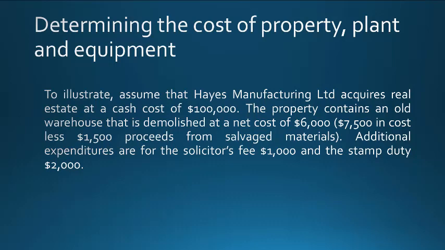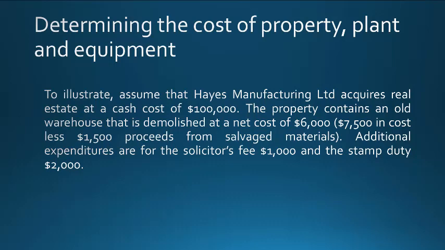Additional expenditures are for solicitor's fee and stamp duty worth $3,000. As you notice in this illustration, the initial cash cost for the asset is $100,000. But we need to incur certain expenses, especially the solicitor's fee and stamp duty, because if we don't, the property will not be transferred to us.